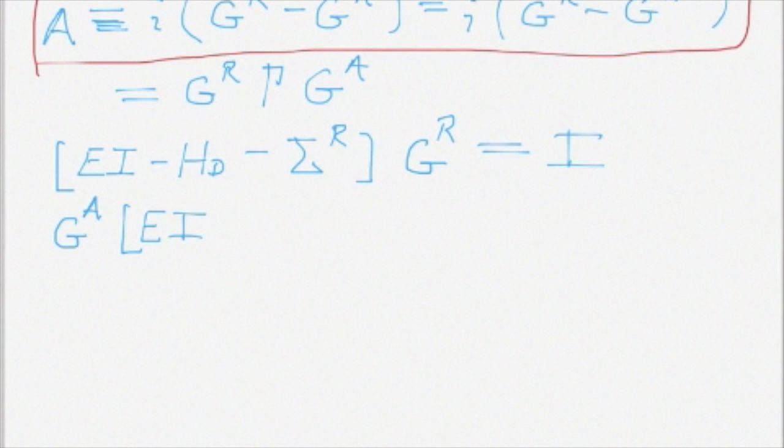That's real and it's diagonal, so nothing happens when you take the Hermitian conjugate of that. Well, the Hamiltonian's Hermitian also, so nothing happens when I take the Hermitian conjugate of that. And the only thing that gets conjugated is that sigma r becomes sigma r dagger. So that's just taking the Hermitian conjugate of that whole equation.